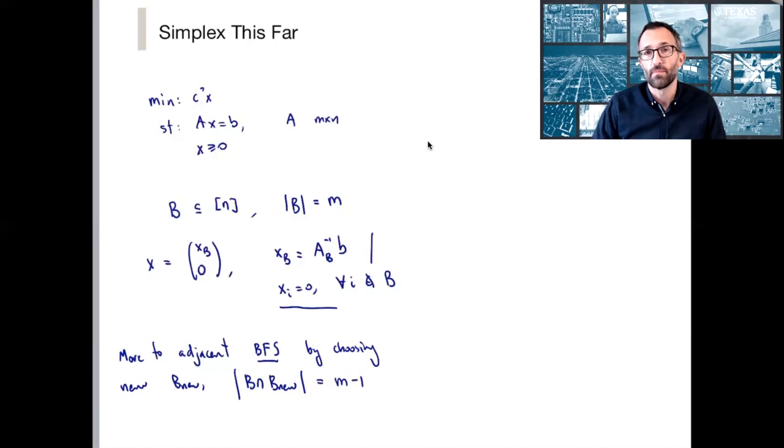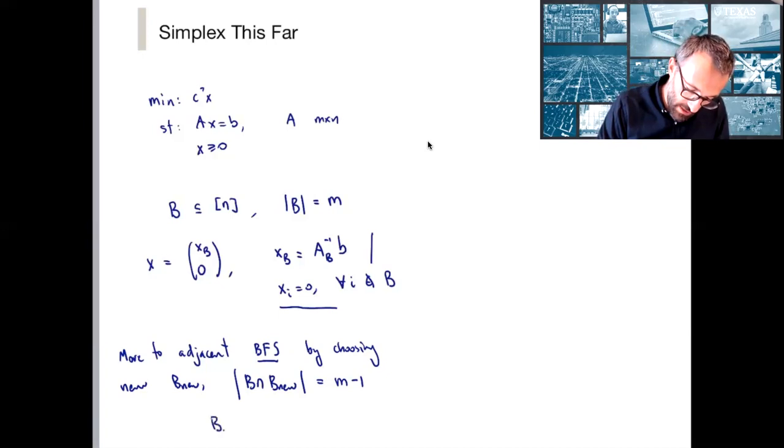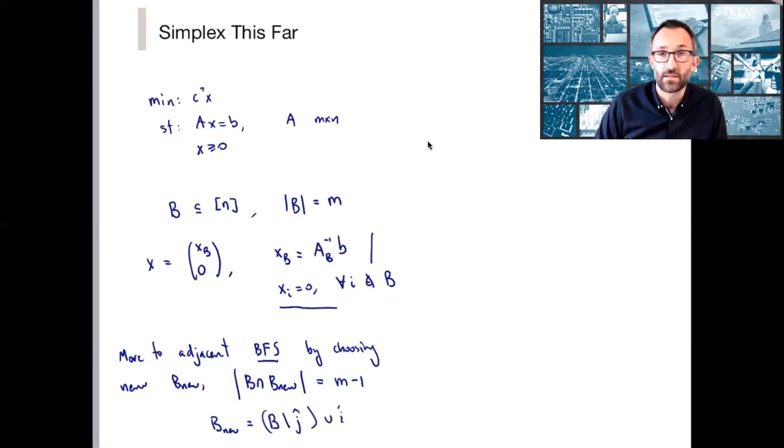That just means that I've introduced one new element in the basis, and that means I need to get rid of an element. So B new is equal to B minus some j hat and union some i hat. So i hat enters, j hat exits.